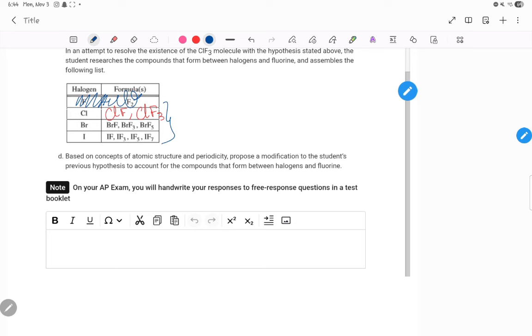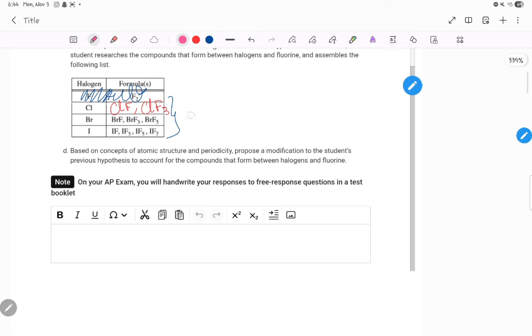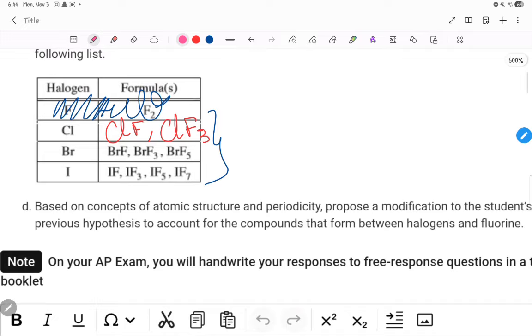They told us to make our own hypothesis. From this, we can see that, first of all, we have 1 F, 3 F, 1 F, 3 F, 5 F: 1, 3, 5, 7. These are all odd numbers.